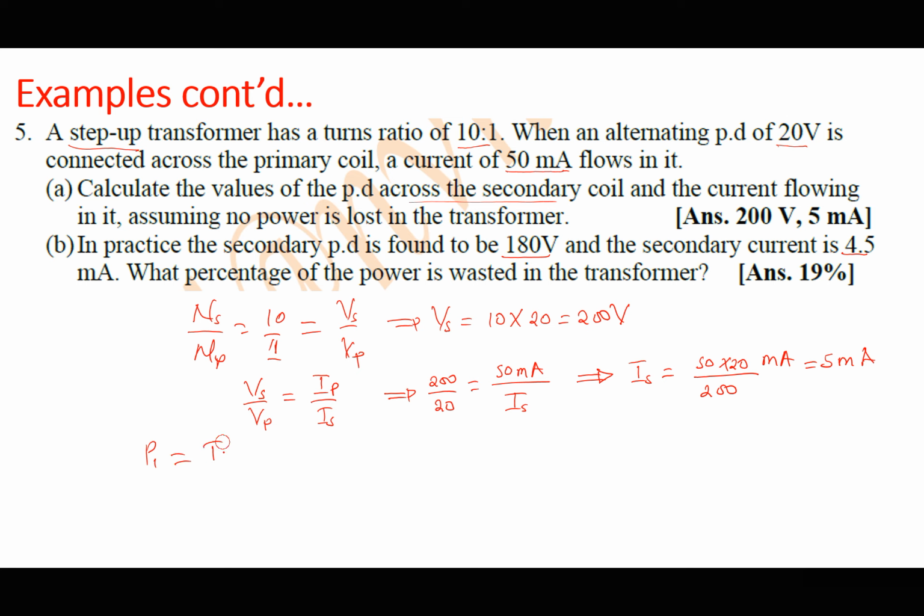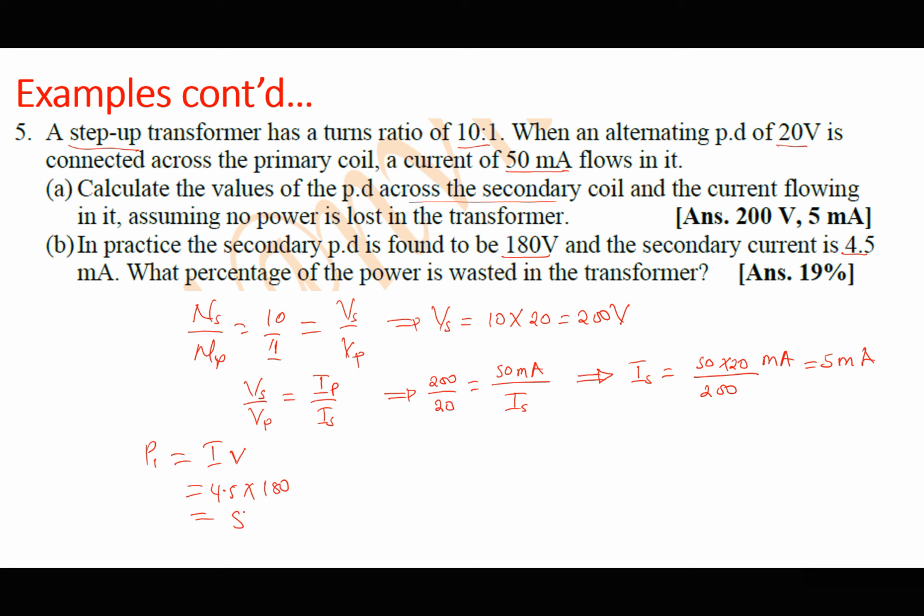Power is going to be equal to I times V. So in practice, this is going to be equal to 4.5 times V, which is 180. So this power is 4.5 times 180.